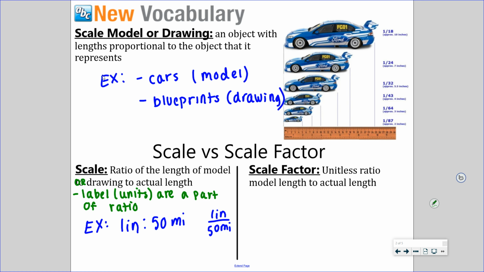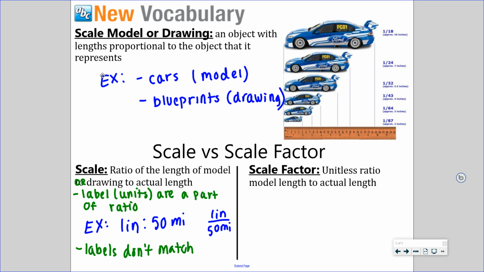More commonly it's written this way. With this one, your labels don't have to match. They shouldn't match, because that's what we're comparing: from the model or drawing to the actual length. And that's a big difference between that and a scale factor.